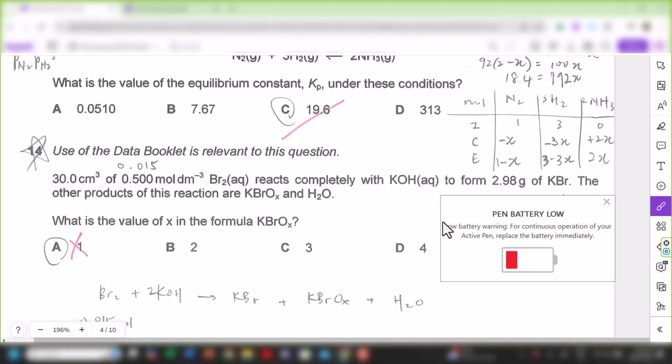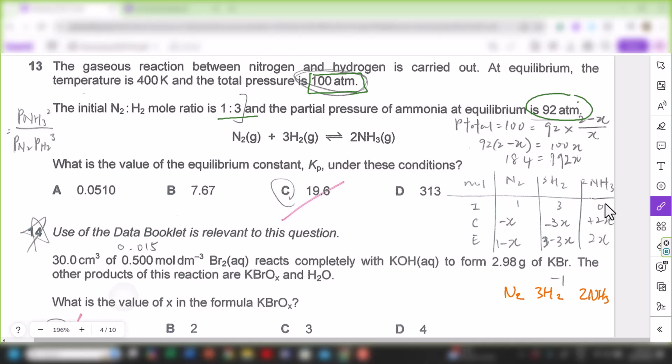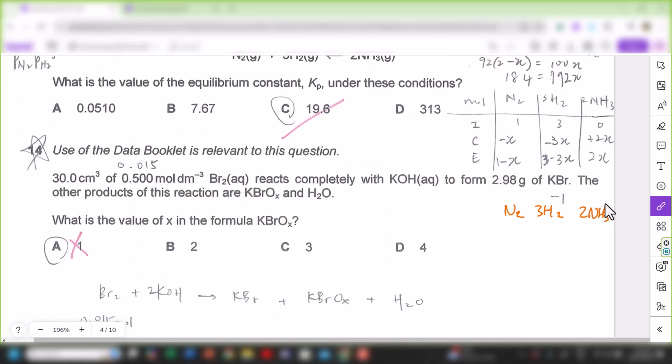I'm just going to indicate it with atmosphere. So, initial P in terms of atmosphere, change in P in terms of atmosphere, and equilibrium partial pressure in terms of atmosphere.